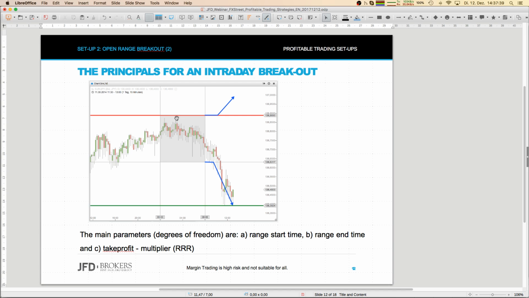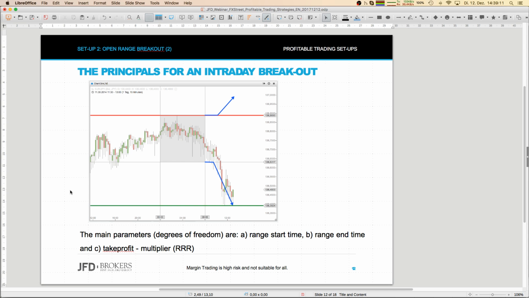But where to set the take profit level? In my case, in this visual case, I use the risk-reward ratio of exactly 1, which means the complete distance of the range has been added to the lower level and defines the take profit of the trade. What you can see here is that that kind of strategy has 3 parameters, or more mathematically spoken, those are degrees of freedom.